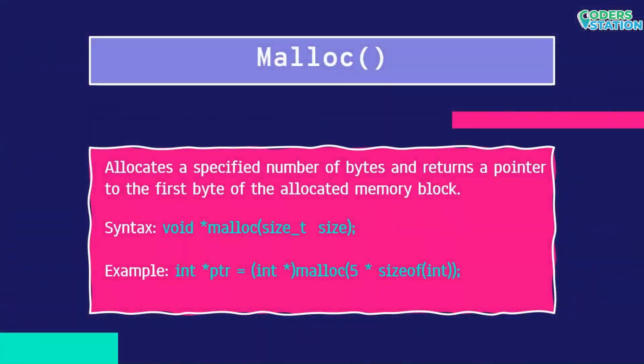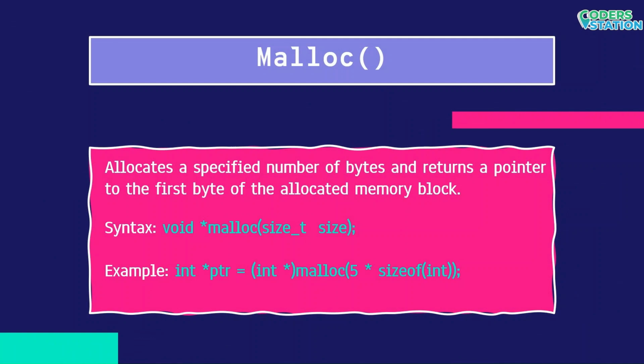Now first we will see the malloc function. The malloc function allocates a specified number of bytes and returns a pointer to the first byte of the allocated memory block. Its syntax is void *malloc(size_t size), where size_t size is the number of bytes to allocate.